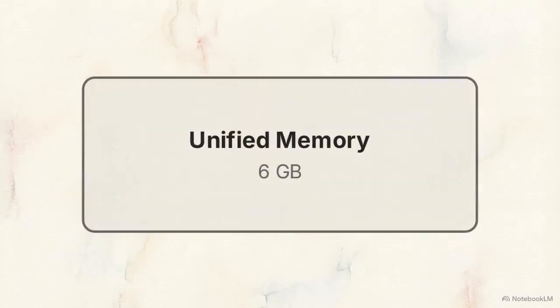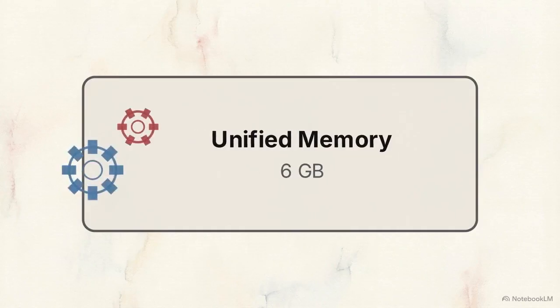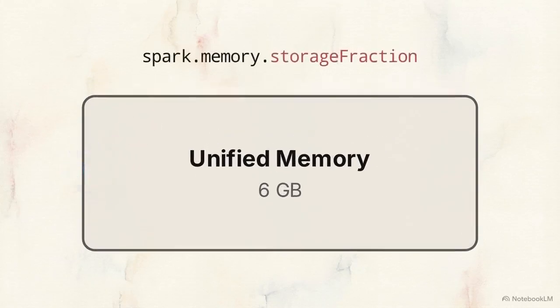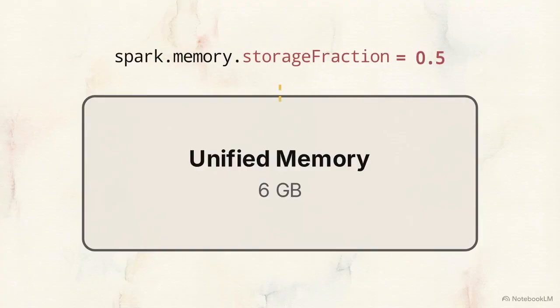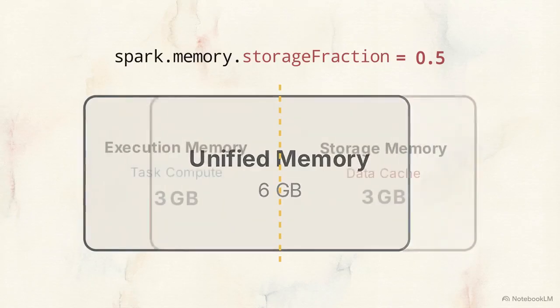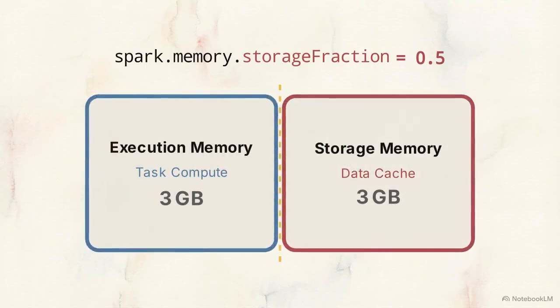Now, focus entirely on the 6 gigabyte unified memory block. This is where the heaviest computational lifting occurs. This space is subdivided by another parameter, spark.memory.storage-fraction, which has a default value of 0.5. This cuts the 6 gigabyte block right down the middle. You get 3 gigabytes of execution memory and 3 gigabytes of storage memory.